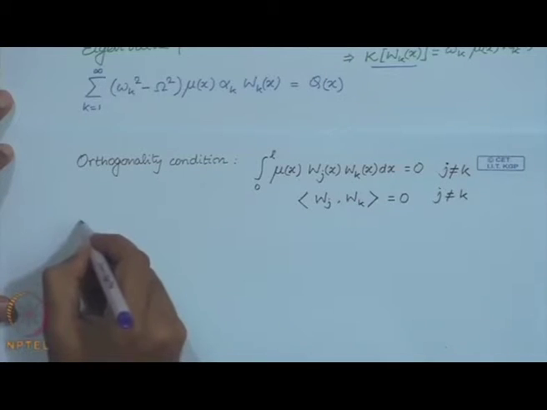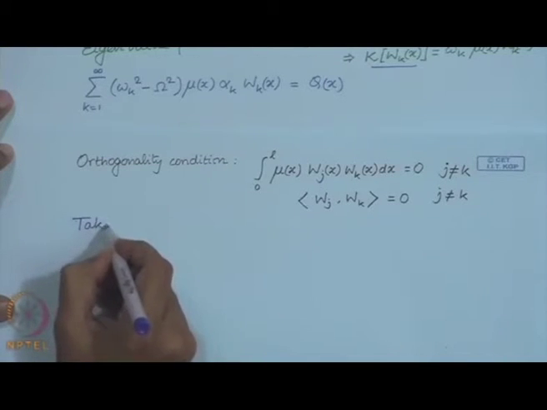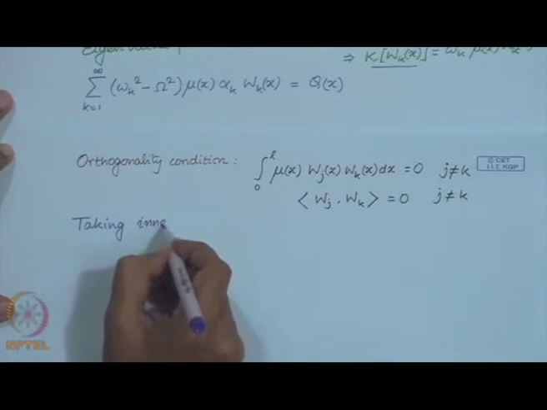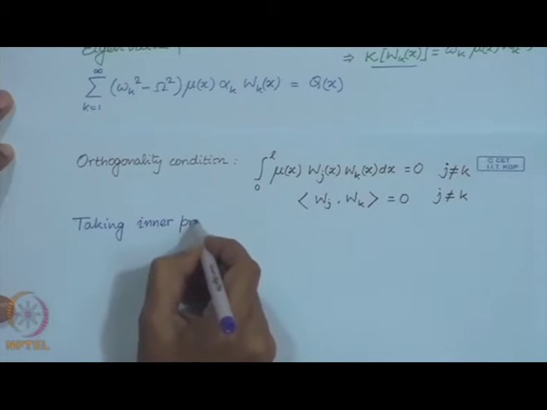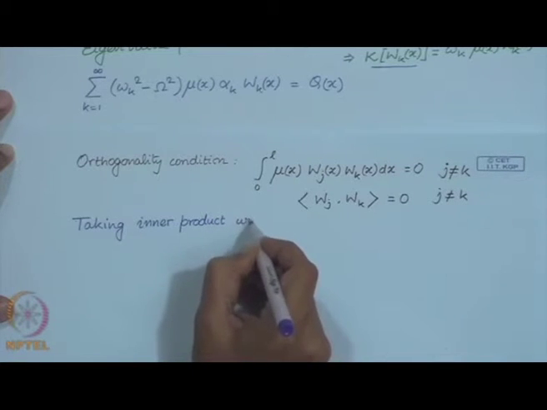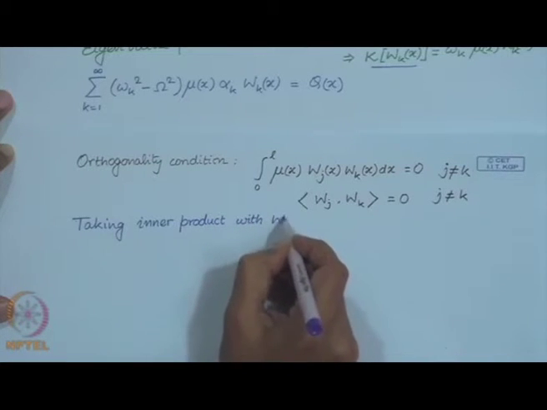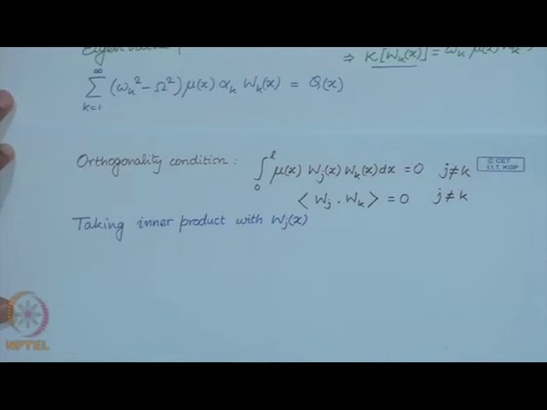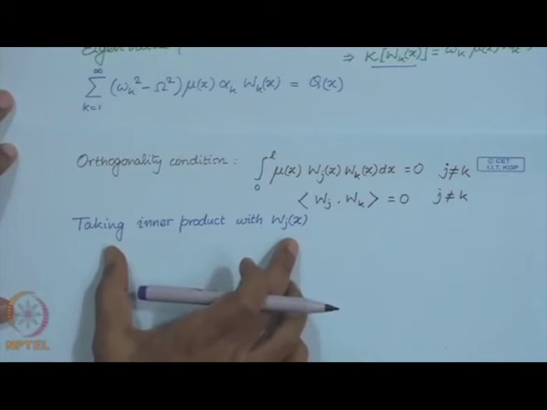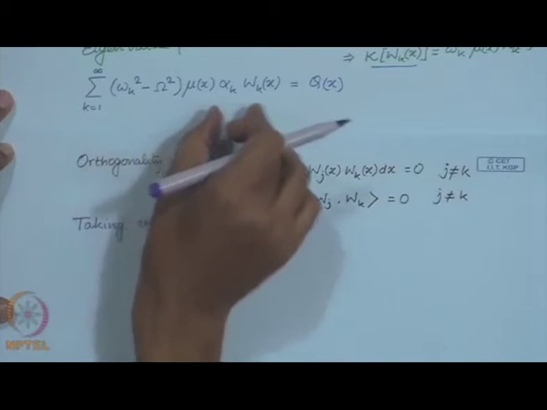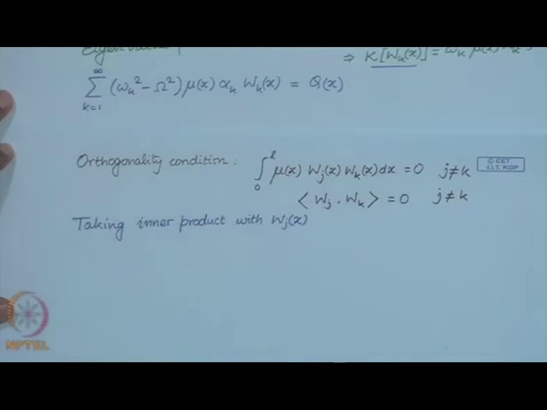So, we take the inner product with the jth eigenfunction, and because of this orthogonality, only the jth term is filtered out.